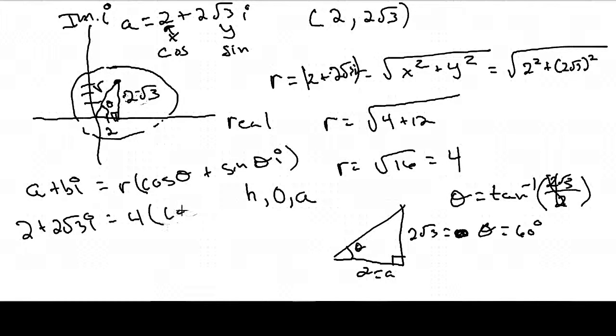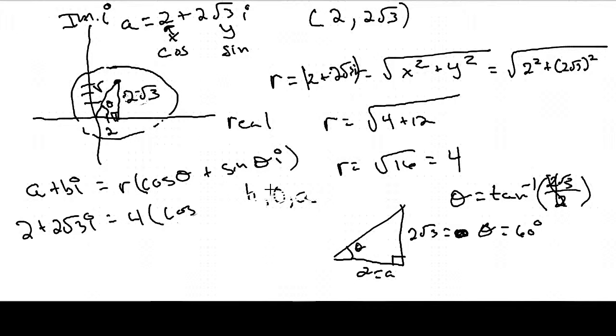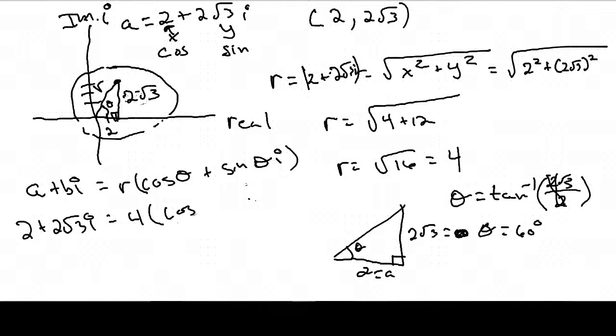And then the cosine of what? What's our theta? The cosine is 2. No. What did we just solve for? How many degrees is our theta? Oh, it's 60. So I can put cosine of 60 degrees here plus the sine of what?